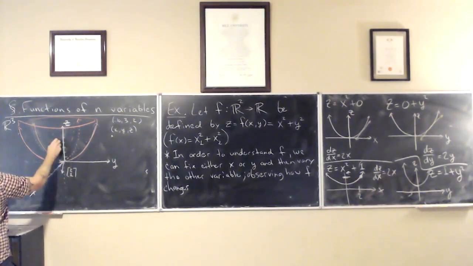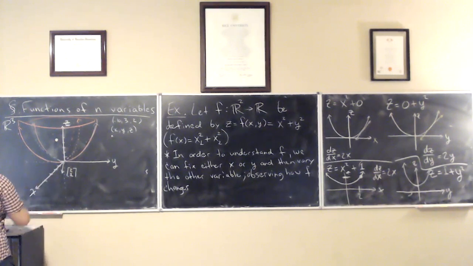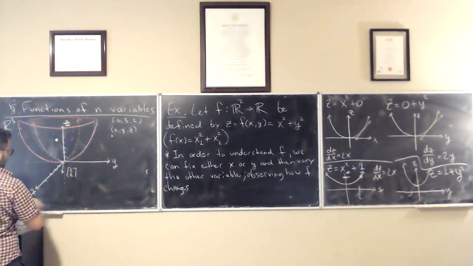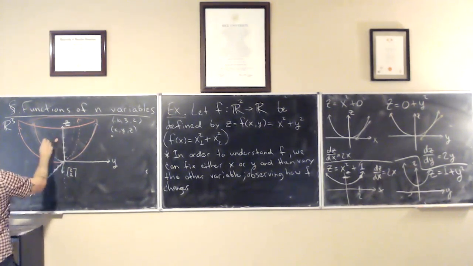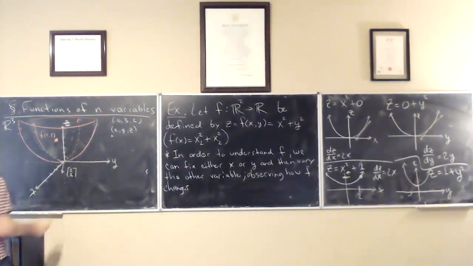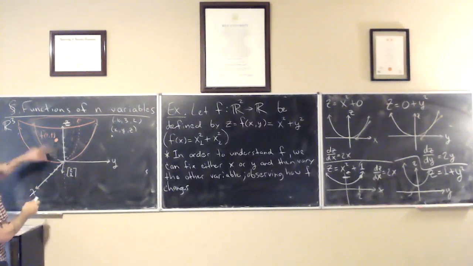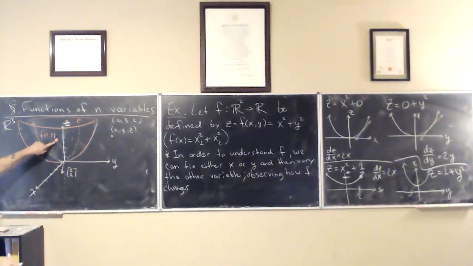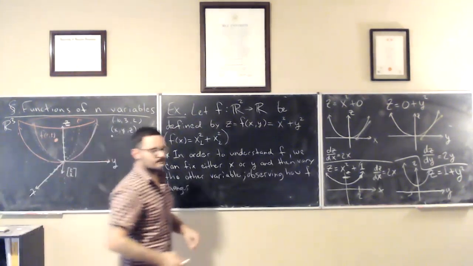So that point right there on the surface would be f of 2, 1, which took this vector as input and put it right there.